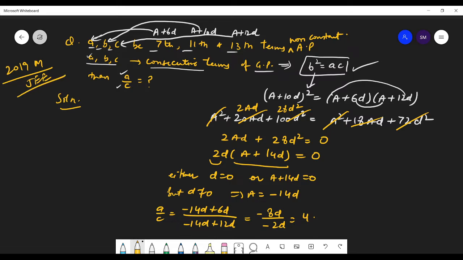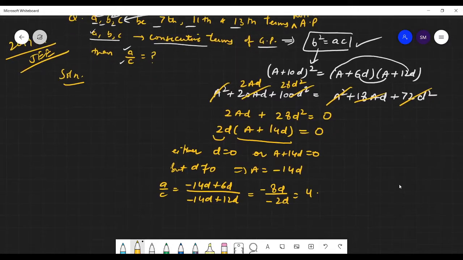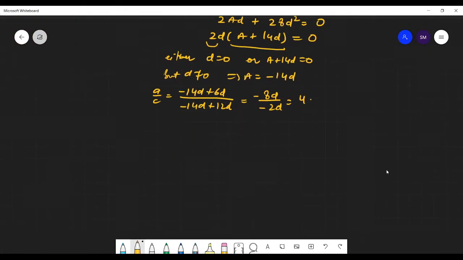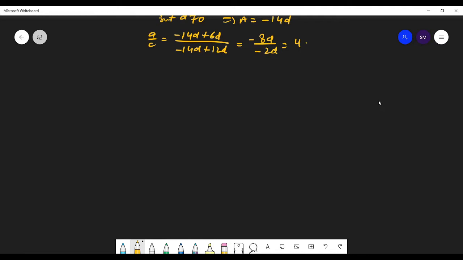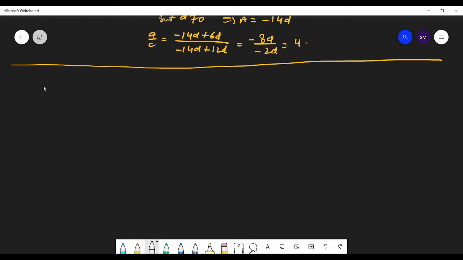So good questions, students. All the questions that we are doing are from JEE only. All good quality questions that have already been in the JEE exam, so they have already been selected by top class professors of IIT and by examiners of CBSE. So we are doing those questions only.